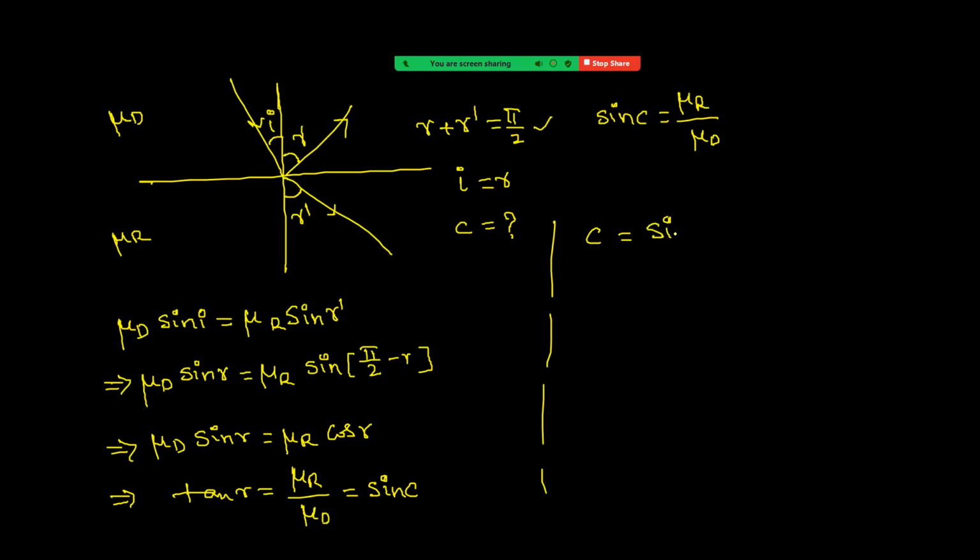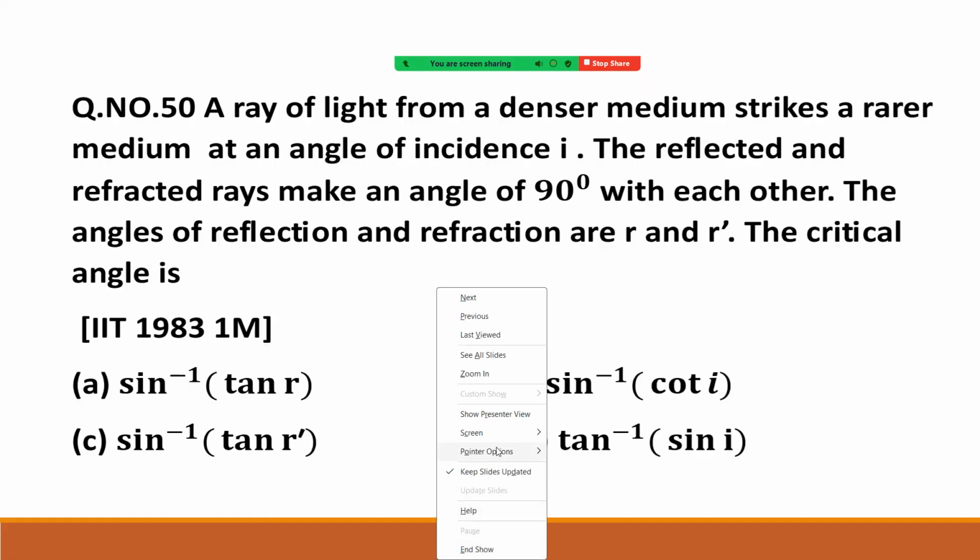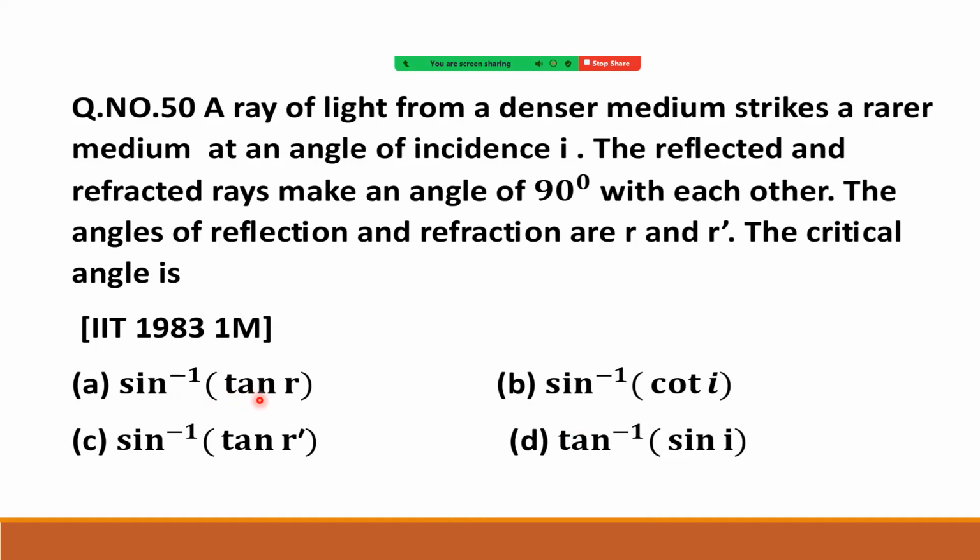So c equal to sine inverse tan r, right? So just we have taken the given condition r plus r dash equal to 90. And this is known. And we have to find c value. Sin c equal to mu r by mu denser, right? So just taking Snell's law and from that making the calculation part. Okay. So I hope you got the clarity. So answer is sin inverse tan r. So it is option A, right? Sin inverse tan r. Okay.